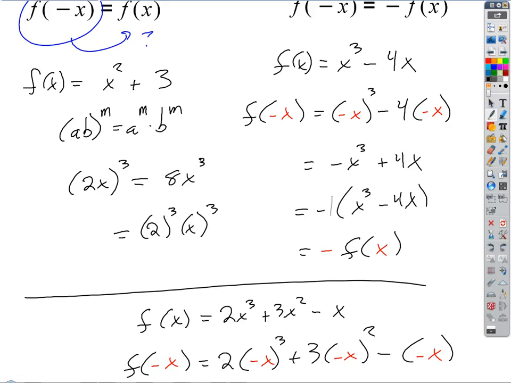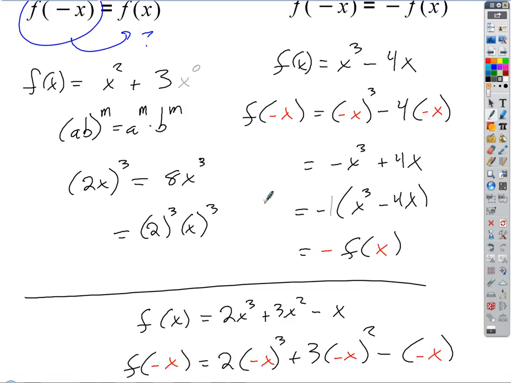When I substituted in a -x, how come all the negatives went away? Because it's x squared, and there's actually an invisible x to the 0 there, right? Because what is anything to the 0?